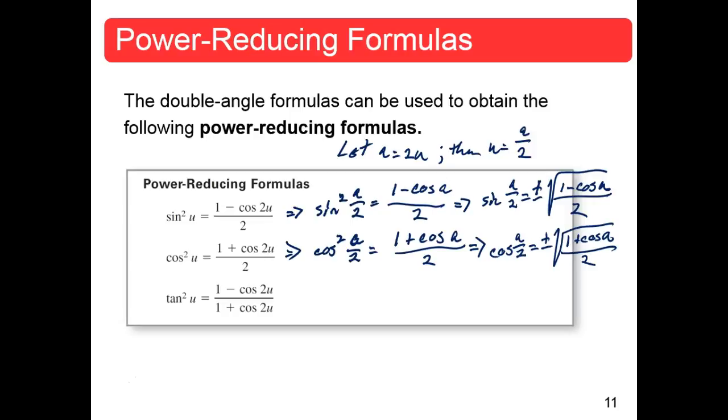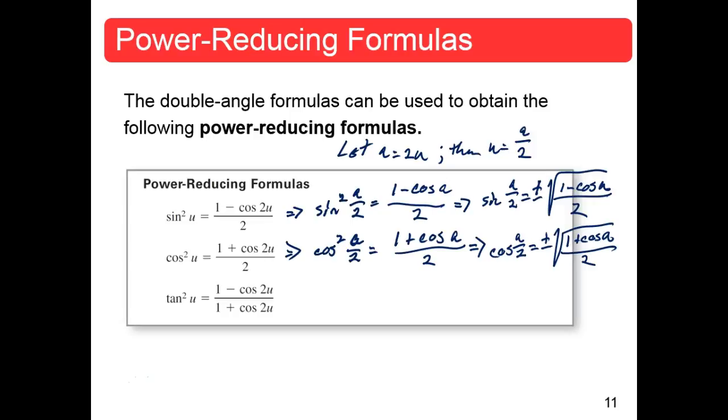Now, you could try to fiddle around with the cosine A's in the denominator and see what you did, or you could just do what we did before: divide sine A over 2 by cosine A over 2.